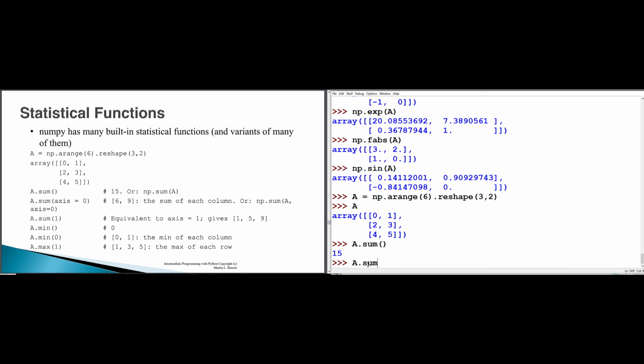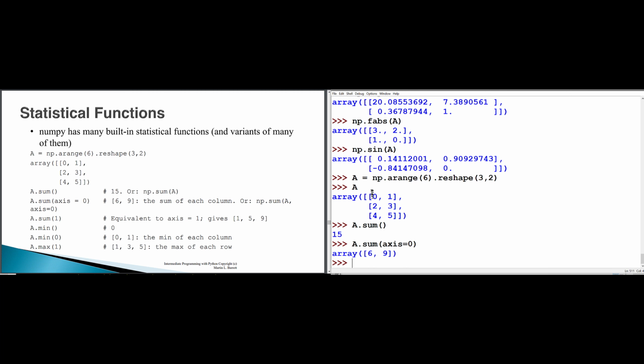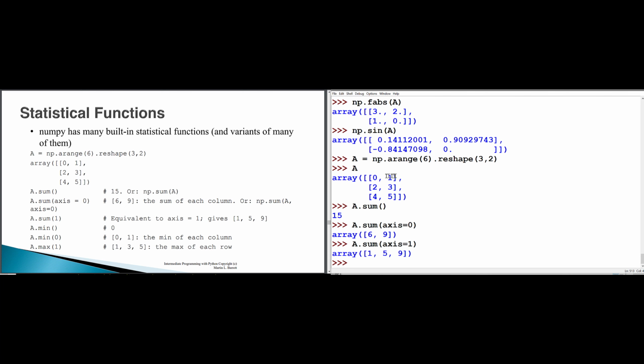If I say a dot sum axis equals 0, I get the sums of the rows on a column by column basis. So 0 plus 2 plus 4 is a 6, 1 plus 3 plus 5 is a 9. If I say a dot sum axis equals 1, I get the sums of the columns on a row by row basis. All right, so I get 0 plus 1 is a 1, 2 plus 3 is a 5, 4 plus 5 is a 9.